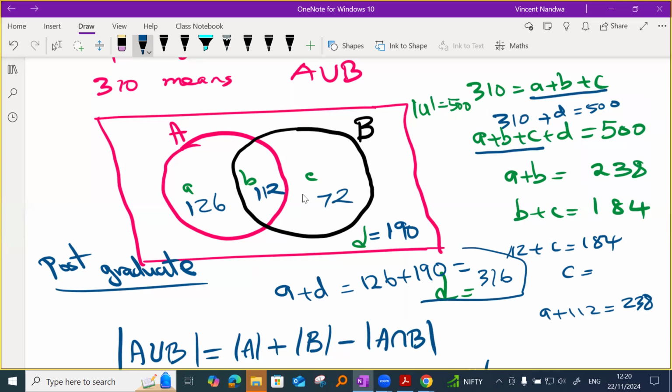I hope you are seeing how tricky the problem is. If it were not for the story about degrees and common sense, then the answer would be 2A plus C plus D, that being the meaning of at most 1. But since this is a question on degrees, A is those who have undergraduate degrees, and set B is those who have postgraduate degrees.